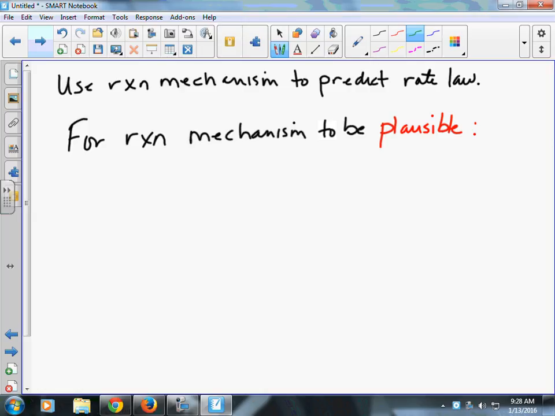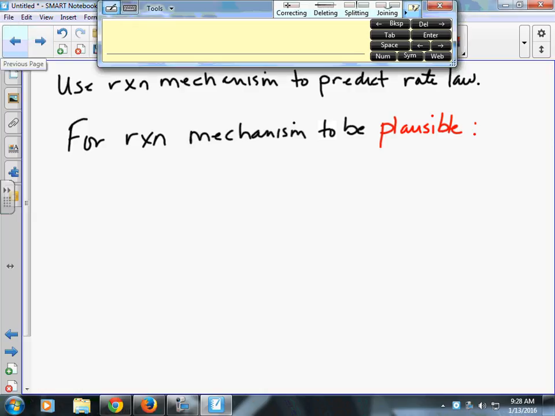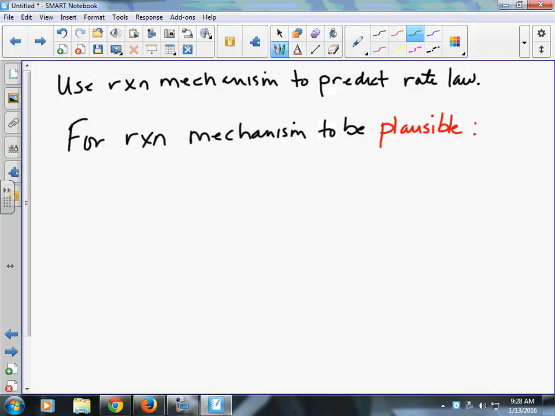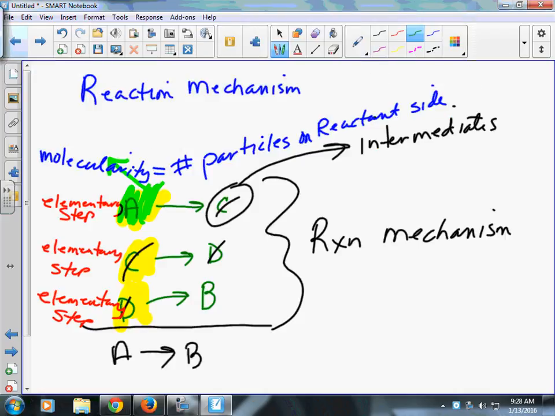The sum of the elementary steps must give the overall balanced equation for the reaction. Like we did here. You add up all the steps, cancel out intermediates.